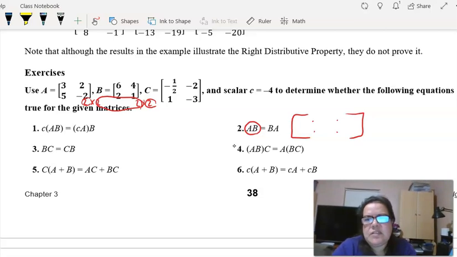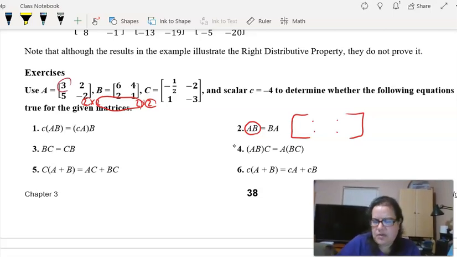So let's start. So remember, when you multiply matrices, you take the first number, 3 times 6, so that'll be 18. And I'm supposed to add, when I go this way, on the first matrix, so I add 2 times 2, which is 4.